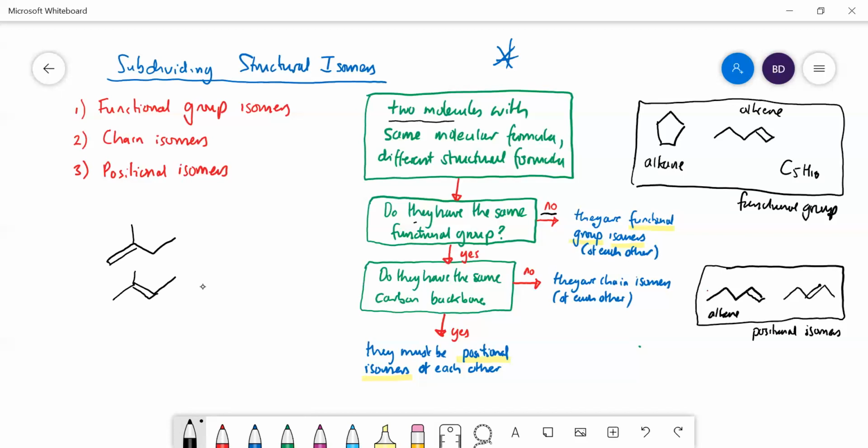Okay, so let's go through the questions again. Do they have the same molecular formula? Different structure? Yep, they do. Do they have the same functional group? Yes, they do. So they're not functional group isomers. So we move down to the next question. Do they have the same carbon backbone? Yes, they do. So, again, these are positional isomers of each other.